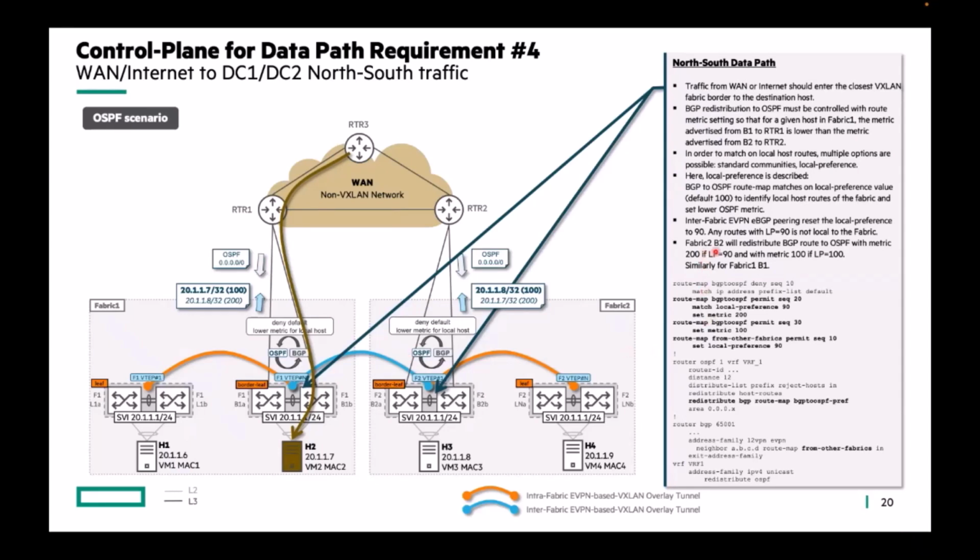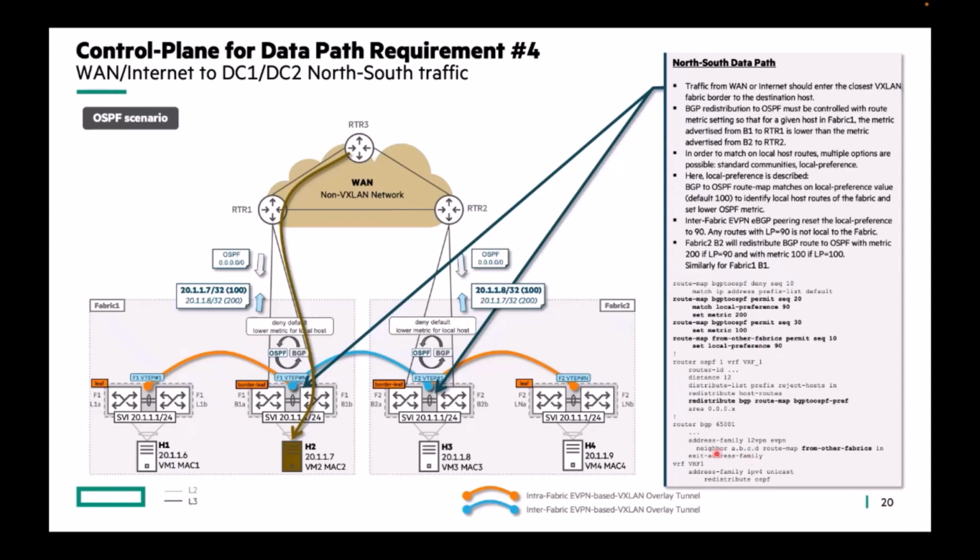So fabric 2, border 2, will redistribute BGP routes to OSPF with metric 200 if local preference is equal to 90, and with metric 100 if local preference is 100. How are we achieving that? We are creating a route map called from-other-fabrics, and we set local preference 90 on it. We use this route map under the L2 EVPN BGP context.